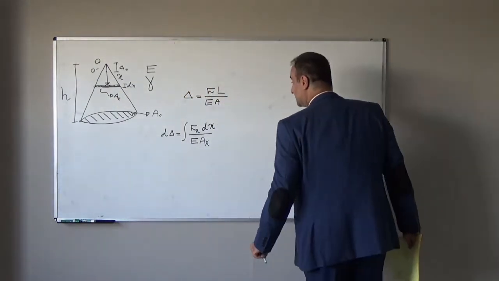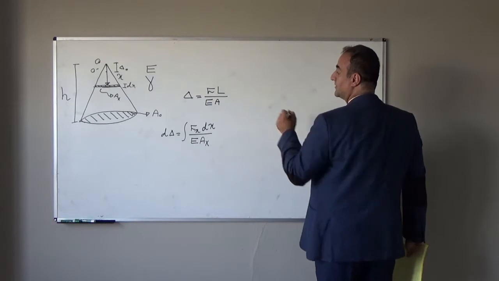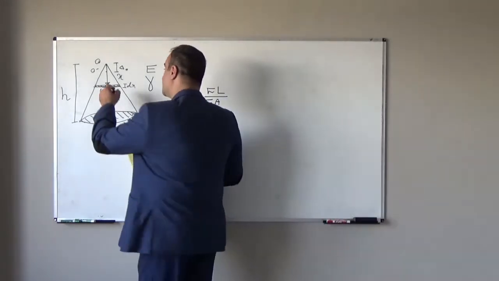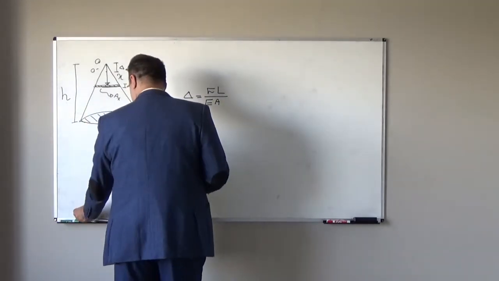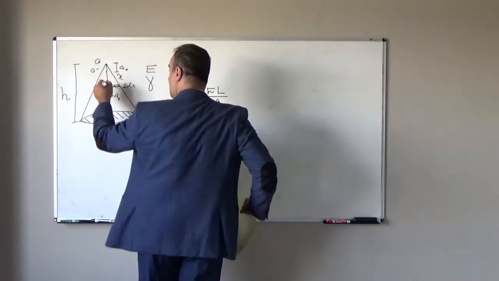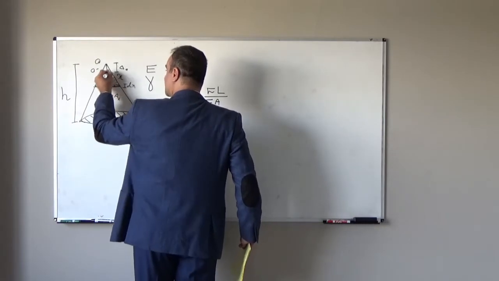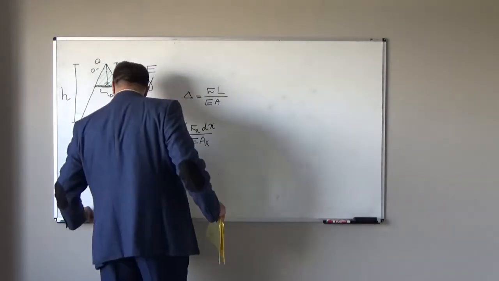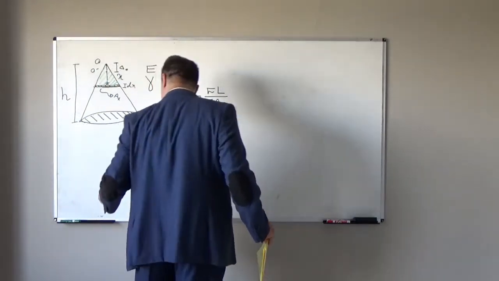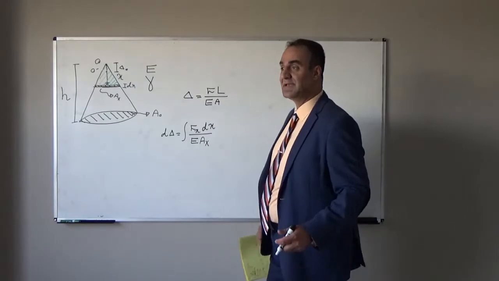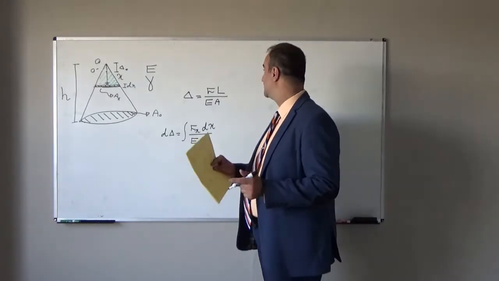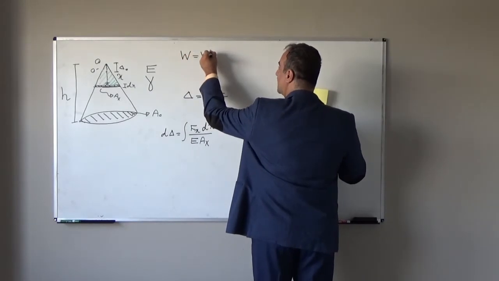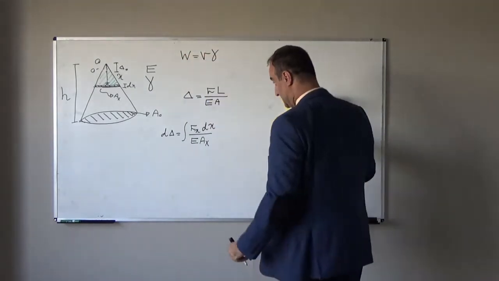Now, what force do I have? Force here will be the weight of this part. Weight of this part from tip up to here. How much is that weight? Volume times unit weight will be weight. So weight is equal to volume times unit weight.